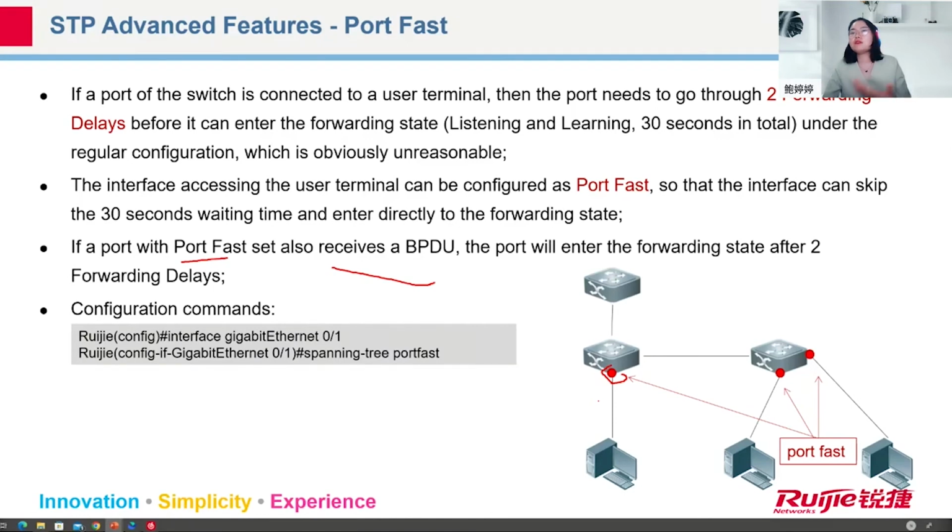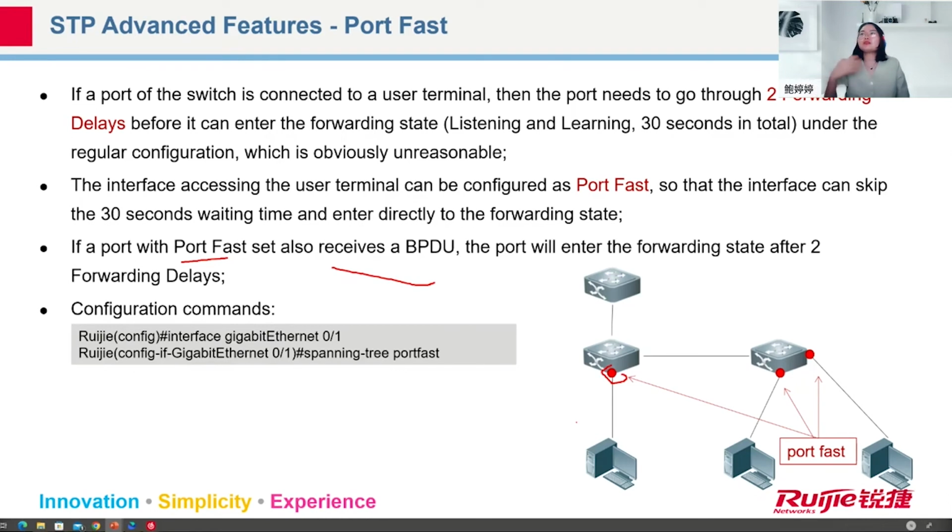So if a switch connects with this interface and you let the interface immediately become forwarding, maybe there is a loop. So if the interface receives a BPDU, this attribute will be lost. Okay, this attribute will be lost.